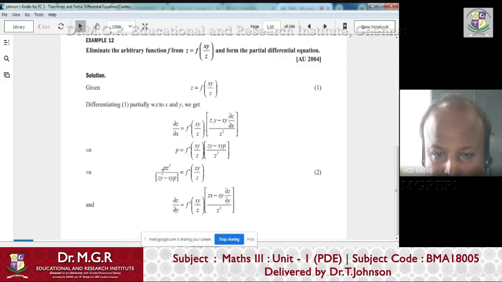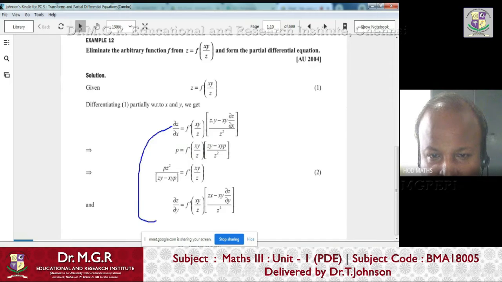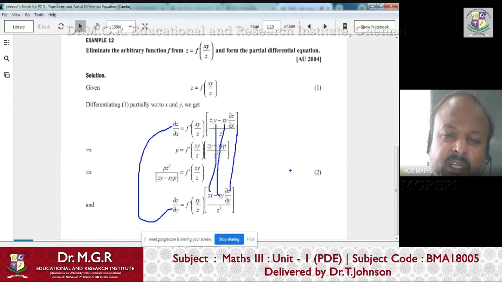So now just see here dou z by dou x. When you differentiate with respect to y, it becomes dou z by dou y. F dash of xy by z as it is, no problem. Z as it is. In place of y, x will come. In place of dou z by dou x, here dou z by dou y will come. That is the only change.